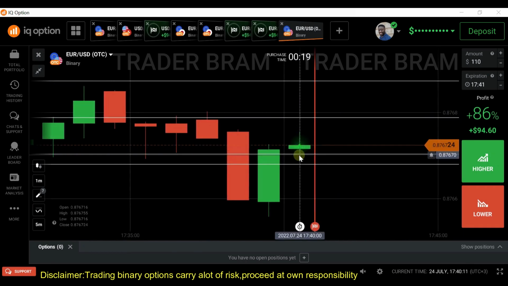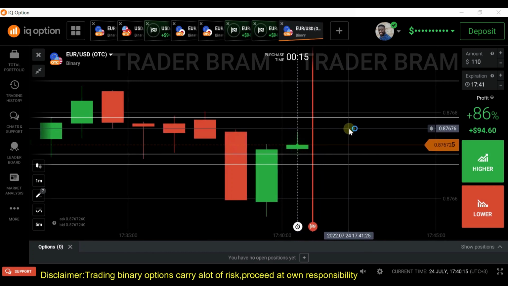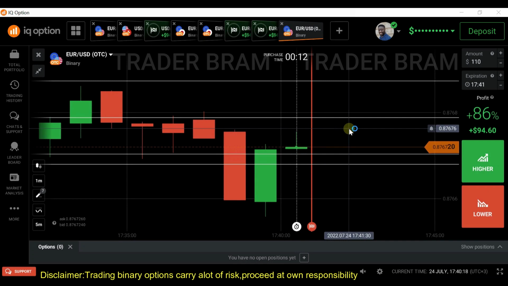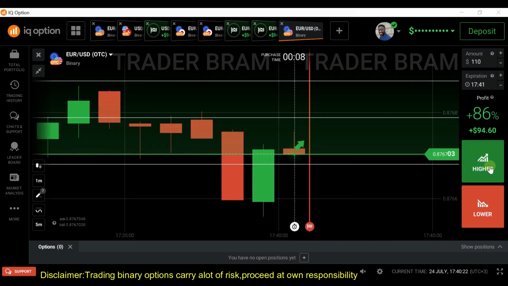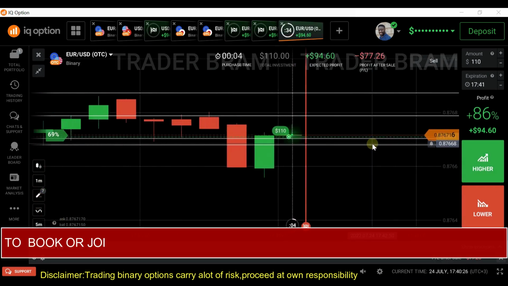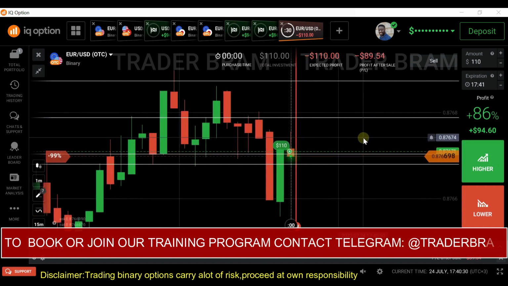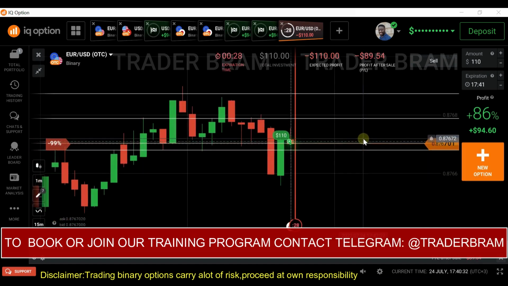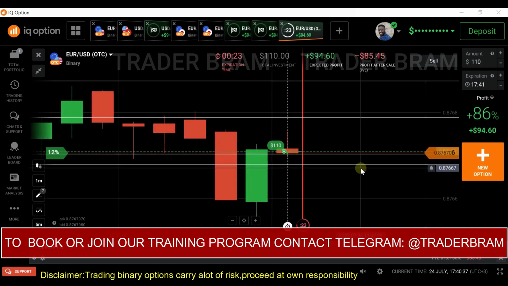If you can get an entry point on the level, I can take this trade. So I've gotten an entry point on the level of support and resistance, and I expect the buyers to enter and close above my entry point.